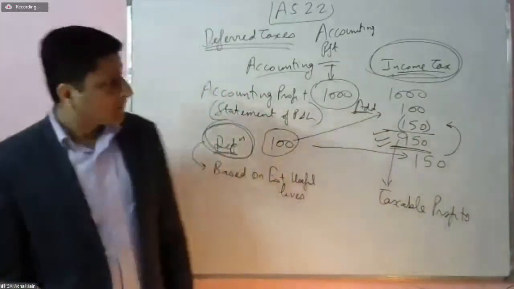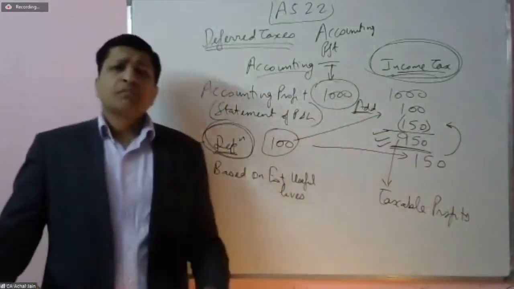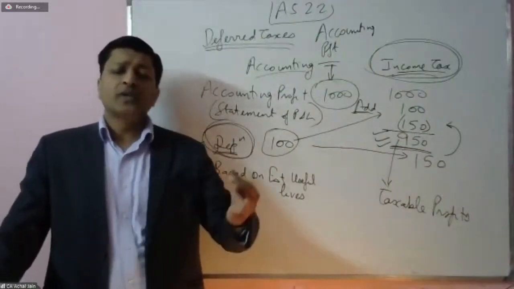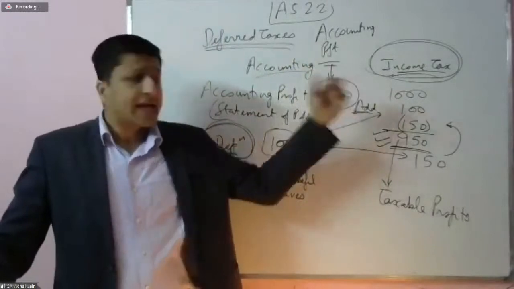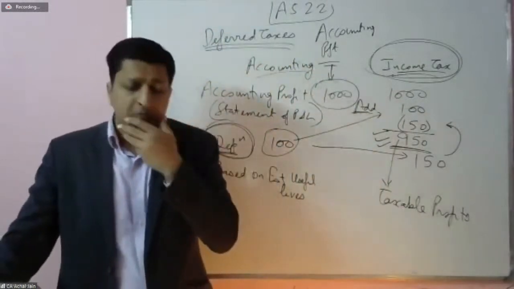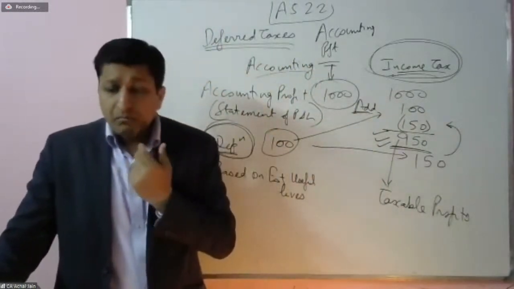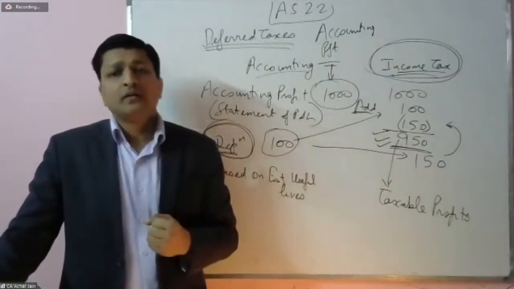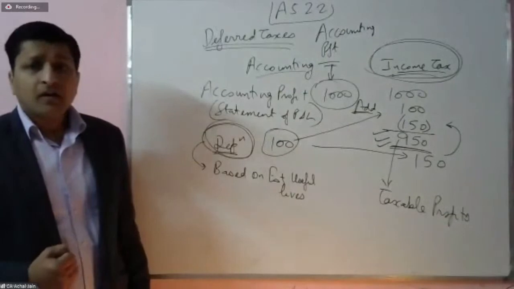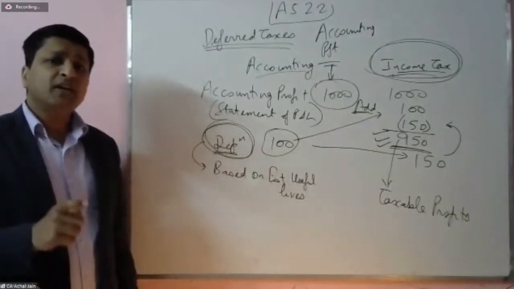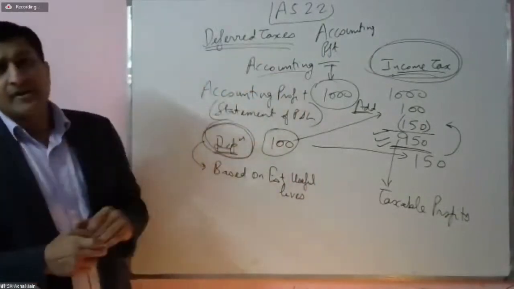Now, this was briefly about some of the terms which are going to be used: accounting profit, taxable profit, accounting income, taxable income. But let's now come to the point. Why are we discussing these terms? What is it that we need to understand in terms of deferred tax?